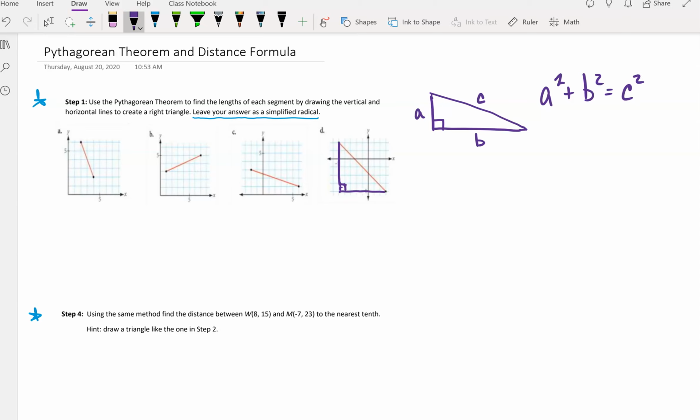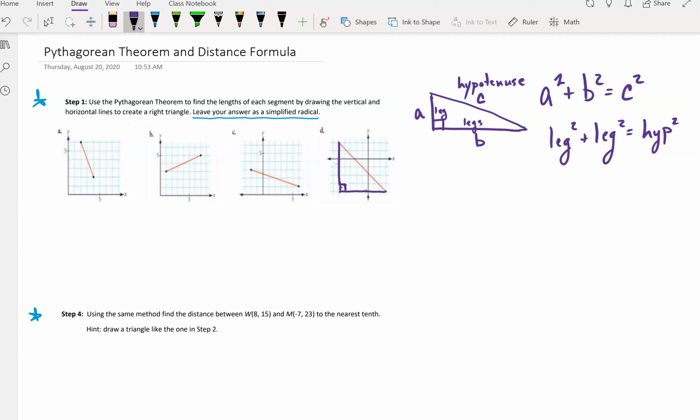Some people write it because these are called legs right here, and that's a leg, and this is the hypotenuse. Some people say leg squared plus leg squared equals the hypotenuse squared, or the square of the hypotenuse, so you might have heard it like that. So there's a little review of the Pythagorean theorem for you, and let's apply it here.